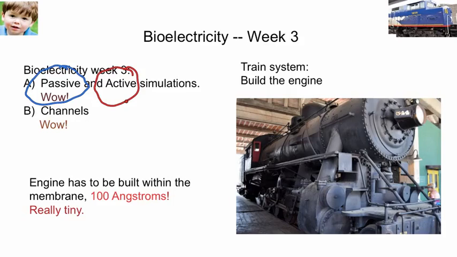Then if you start talking about why does this occur, as we will, you'd say the reason this occurs is because of channels. And when you look at channels, what they're doing, whatever you make out of it, you say, wow. Channels are something that you don't expect to be there like they are. So let's get on with it and look at our schedule a little bit more in detail.